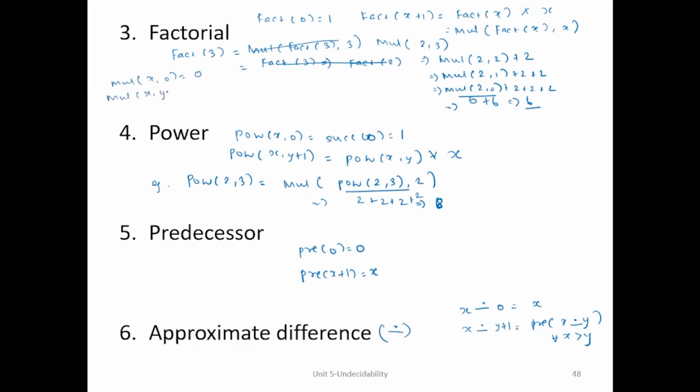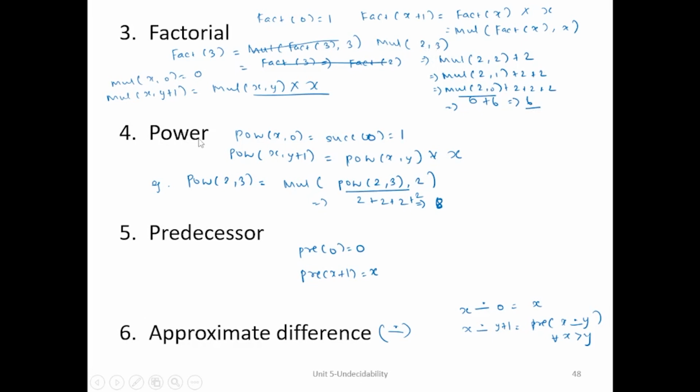Multiplication of x comma y plus 1 is equal to multiplication of x comma y plus x. If any number is like that, you can write the same notations. Factorial of 3 will be rewritten as multiplication. You apply the formula and try to find a solution.